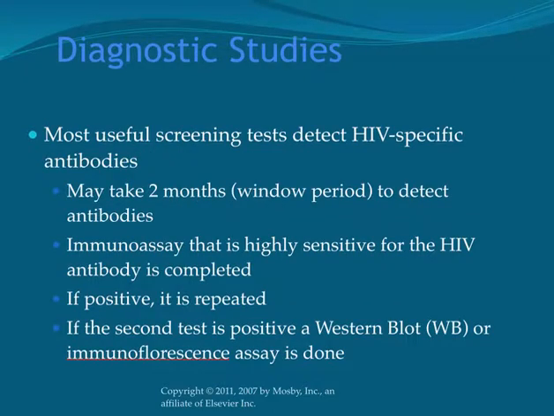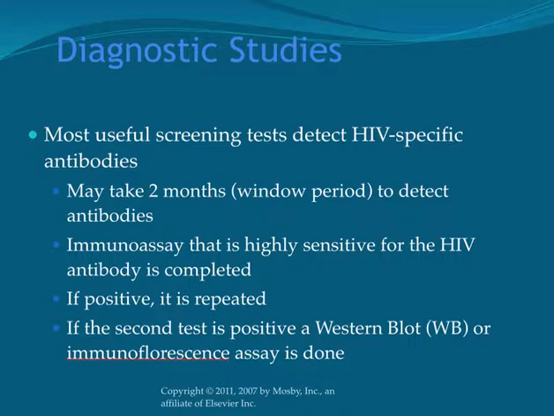Diagnostics. How do we figure out what's going on? So the most useful screening tool to detect HIV is to detect HIV specific antibodies. A rapid HIV antibody test can provide results in 20 minutes, and those are recommended by the CDC. Rapid testing is highly reliable and provides immediate feedback to patients who can then be counseled on treatment and prevention.